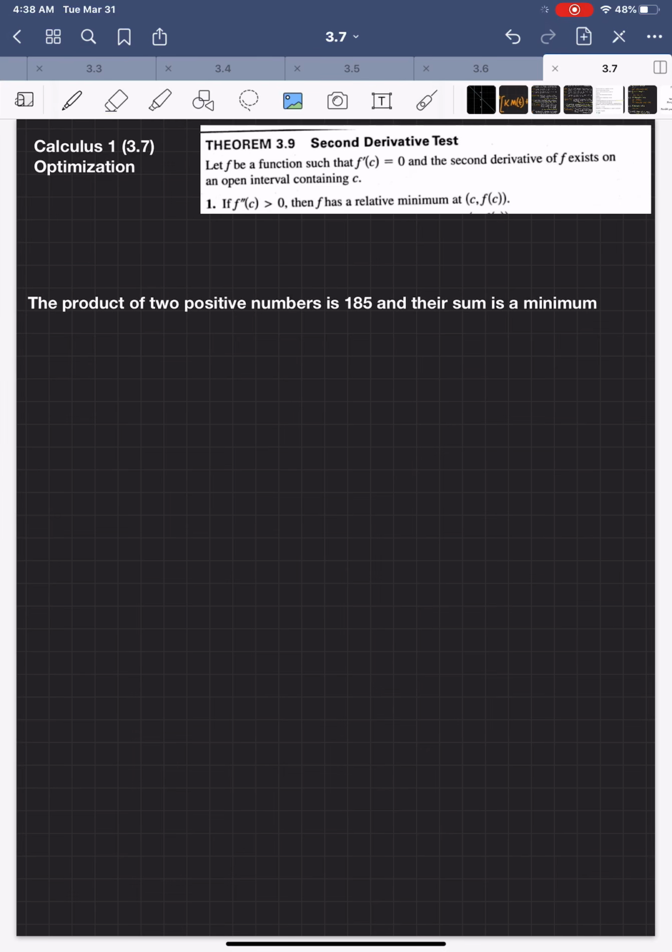For example, you could be asked, what is the maximum that you bench press, or what is the minimum cost? These are what we call optimal values, right? If your goal is to lower cost, the optimal would be to have zero cost. And we could think about this. There's the optimal.